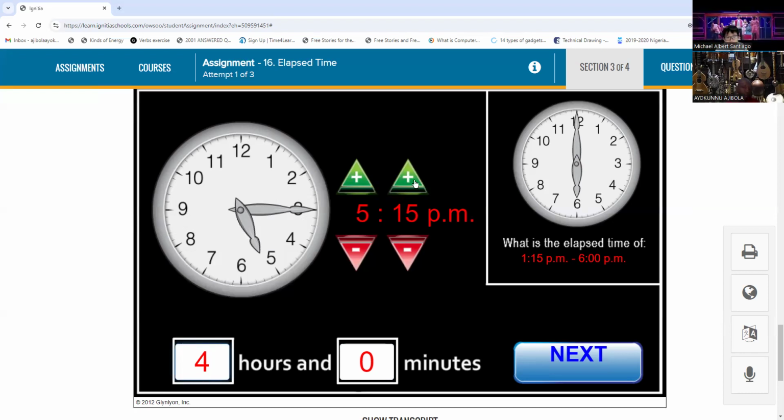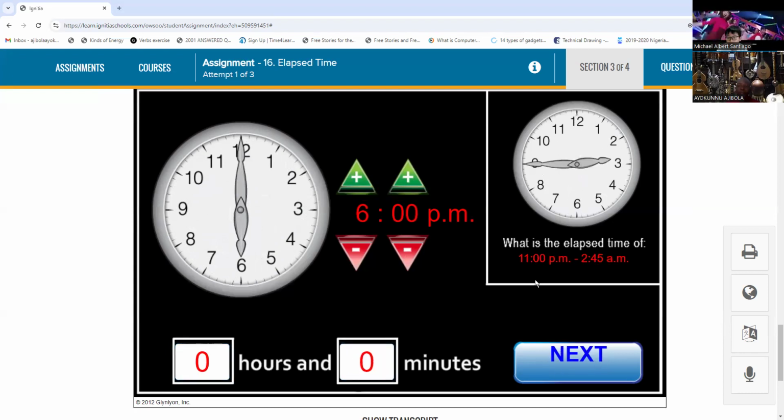Then to 6 p.m. will be the next 45 minutes. So we're going to add 45 minutes to make it 6 p.m. So 45 minutes.